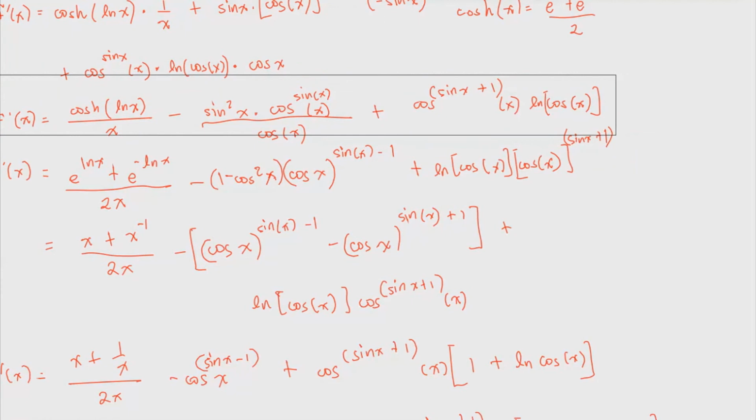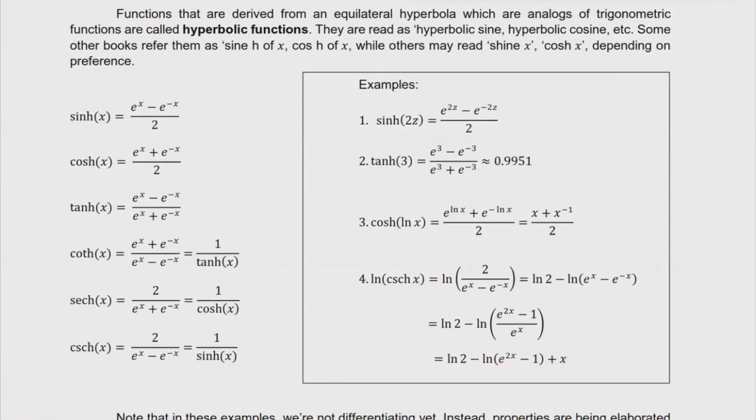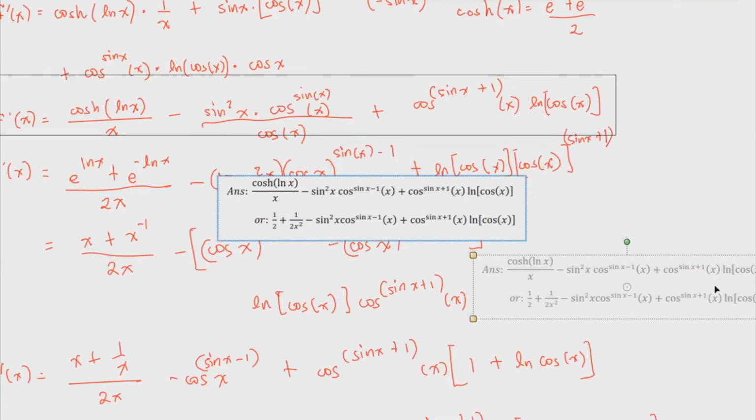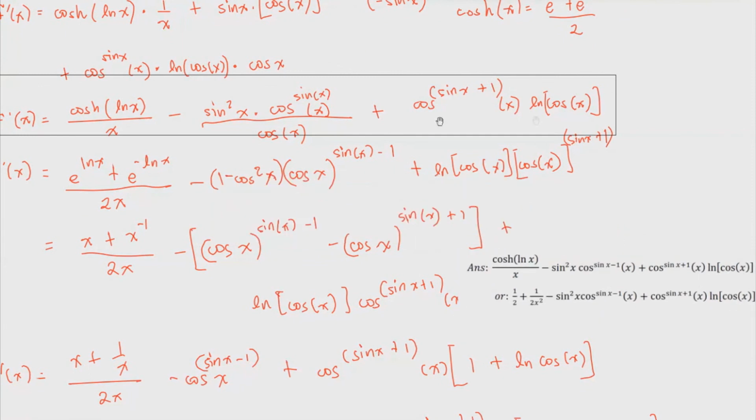Let me just check the answer on our module. Okay, so the answer from the module is given something like this. We got the first term, and then of course for the second one, and then for the third, yes, we did the same.